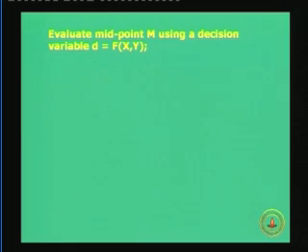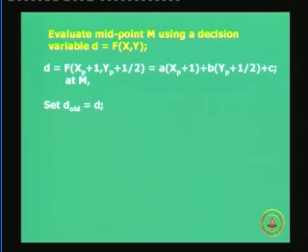You define a decision variable d which is equal to f(x, y), and the decision variable d is evaluated at the next midpoint m. Assuming that at the current stage of iteration, xp, yp is the current coordinate, the next midpoint will have coordinates given within the bracket of f, xp plus 1, that means x shifted by 1, and yp plus half.